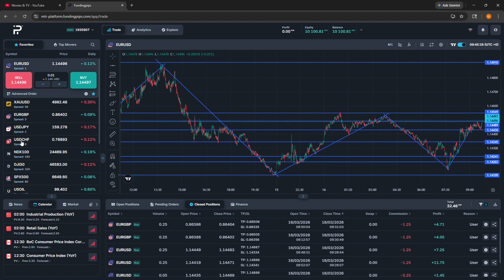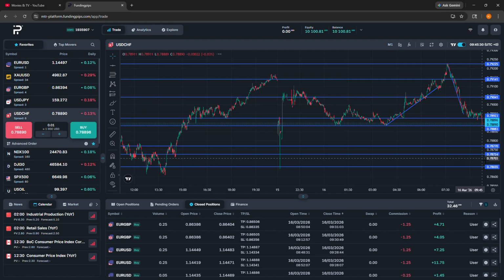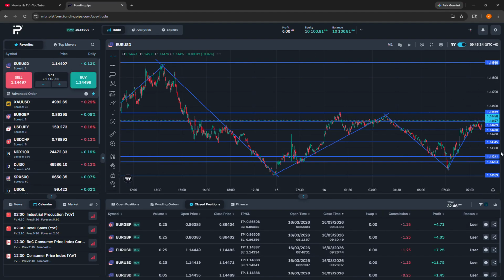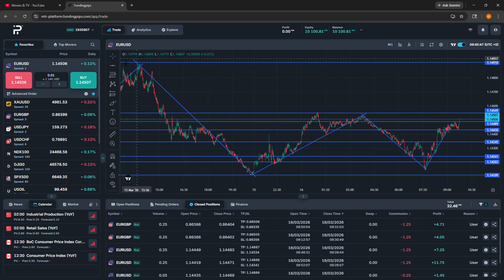The strength of this decline indicates a strong possibility that this is going to go all the way up here. It's possible. The price could move from here to here. It's going to breach here and then go to there.